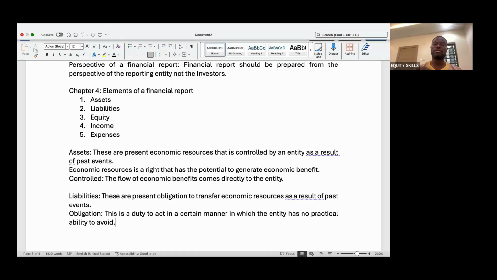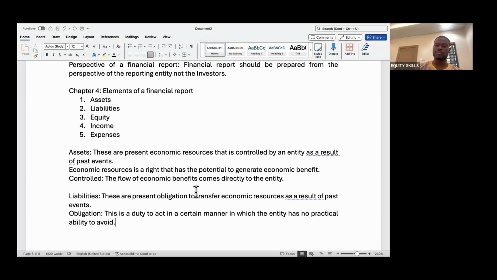For you to say liabilities exist, there must be a present obligation, right? And this obligation, so that you will not interpret it as just any obligation, the obligation here is to transfer economic resources, to transfer something that you own, money, assets, something that is creating benefit for you.